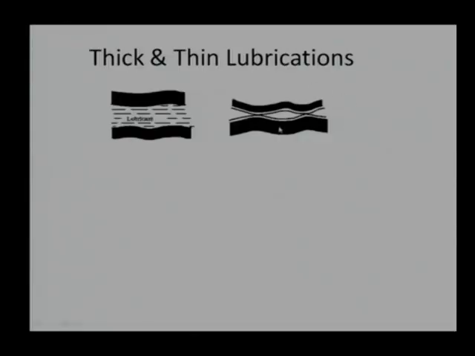What we are saying is that in the thin lubrication mechanism, there are surface 1 and surface 2. There is a thin lubricant layer which is attached to the surface, good enough to separate those 2 surfaces, but not good enough to completely separate them. The lubricant layer in this configuration is able to reduce the coefficient of friction and reduce the wear rate also, but there is a possibility of detachment and engagement of this lubricant layer, which is a dynamic process.